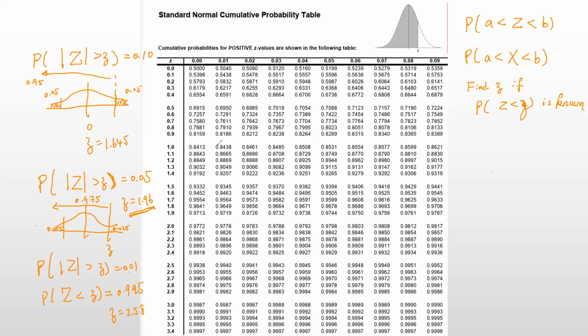So these are the critical values we use a lot in statistics. And then there's another rule. I don't remember the rule's name.